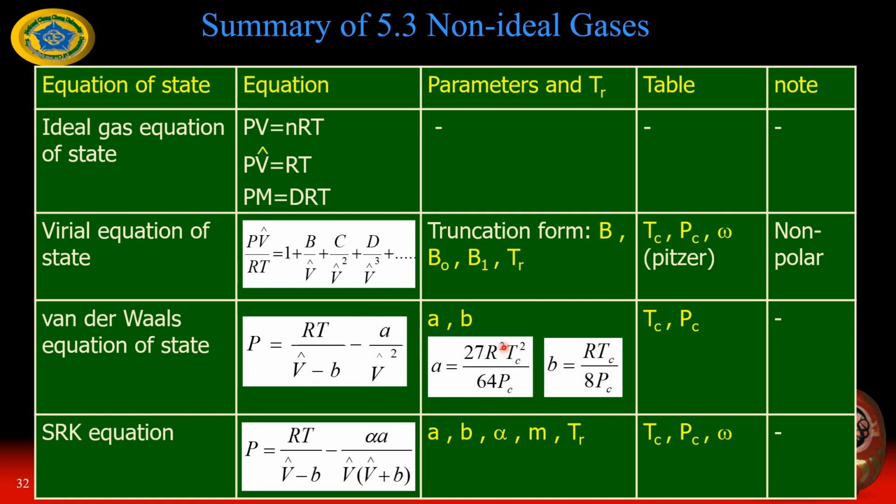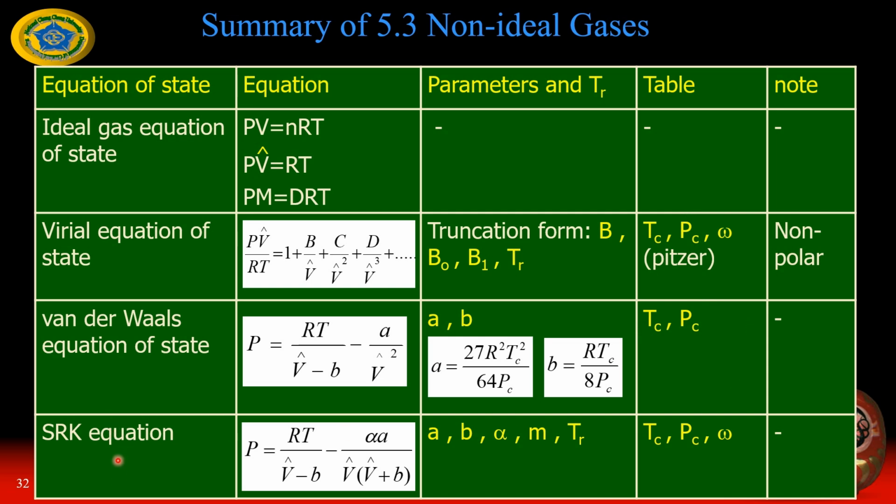And you also have some terms of TC, PC, right? So what you need to know is to find the table related to TC and PC of the gases, for example, carbon dioxide or nitrogen or hydrogen.